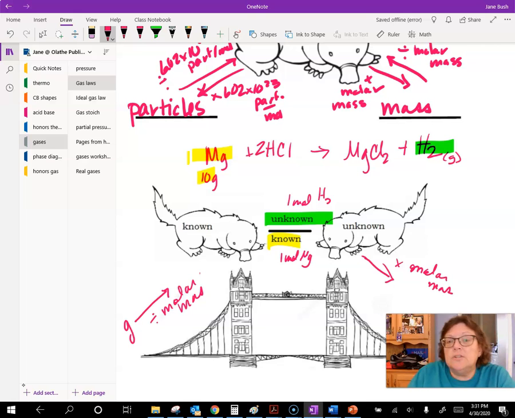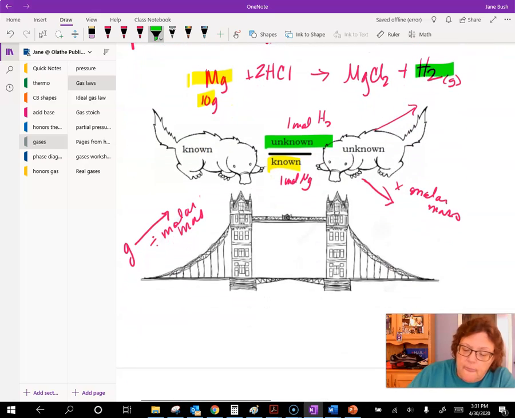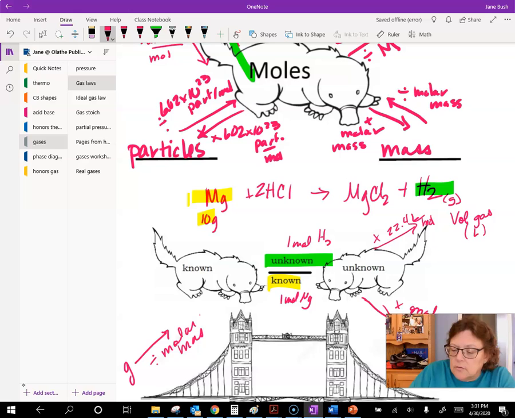But what if they ask you how many liters that is? Well, looking at your mole map, if you know moles and you want to go from moles to volume, you multiply by 22.4. So on your mole bridge, you can add 22.4 liters per mole, and you'll get volume of a gas in liters.